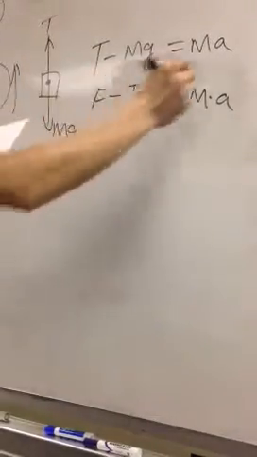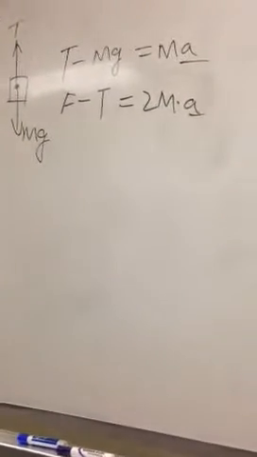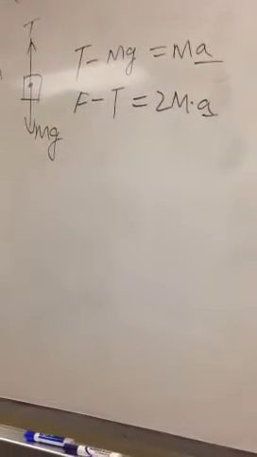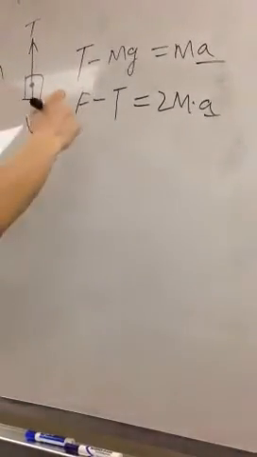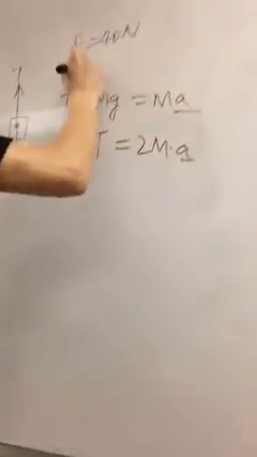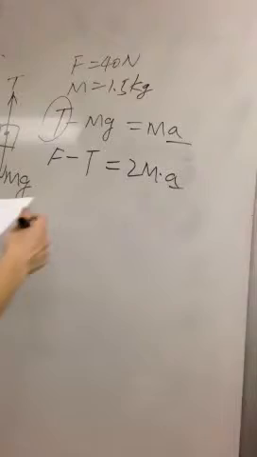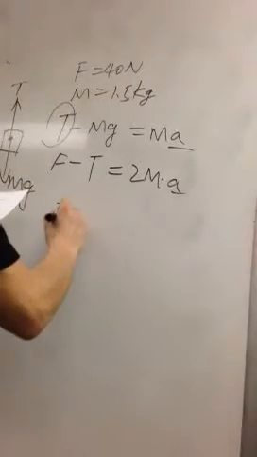So the same thing, they share the same A. According to these, because we know F is 40, and the mass is 1.5 kilogram. So, we are trying to solve this T.